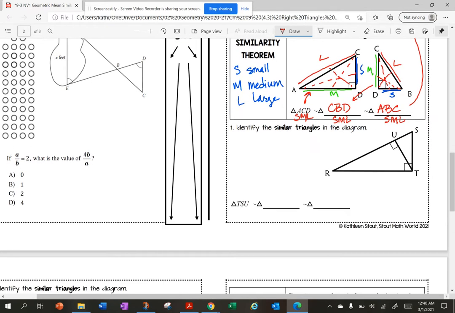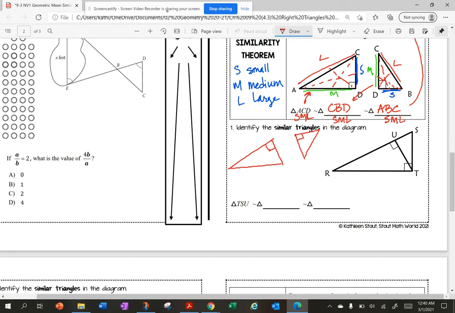So let's have you have a try. Identify the similar triangles. So I'm going to start by rewriting these. So I'm going to redraw these, and I would draw them exactly the way they are drawn here.